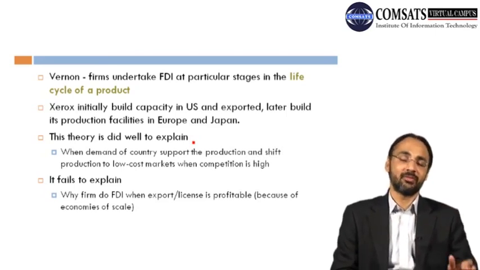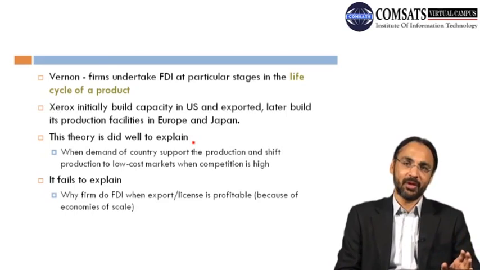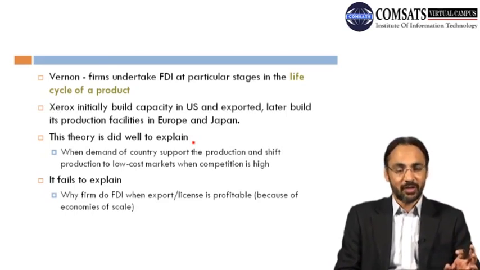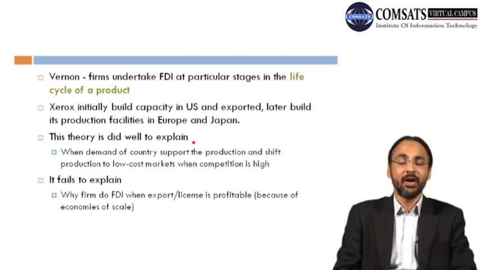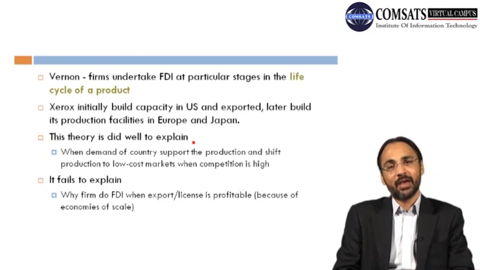And we had discussed the example of Xerox, how Xerox entered in USA. They started to produce that product in the USA, and subsequently they went to the European market.